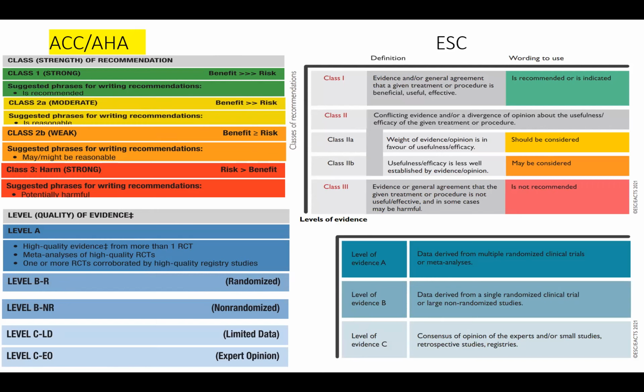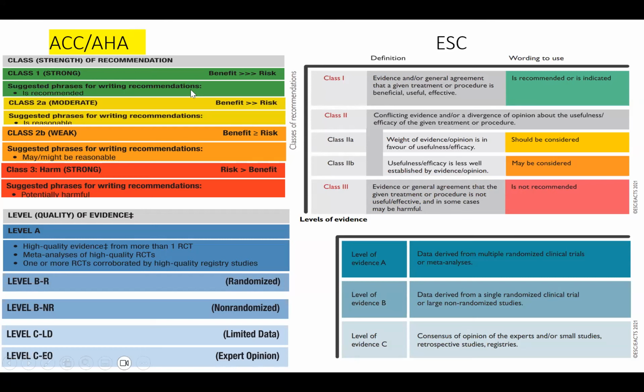So most of the guidelines, at least both the two we use most frequently, the ACC-AHA and the ESC, would put the level of evidence beside the class of recommendation. This helps with accountability. So it's not like this treatment was recommended because, you know, the company that makes it or whatever. And it improves transparency and all of that.